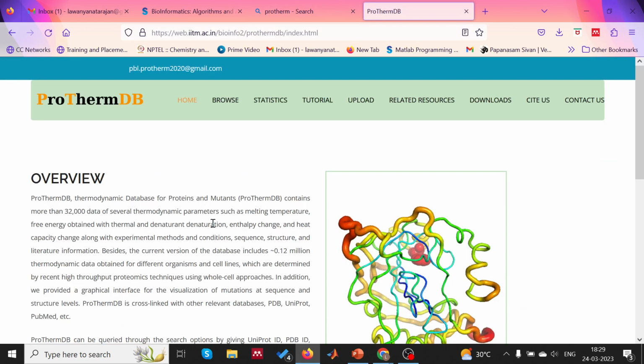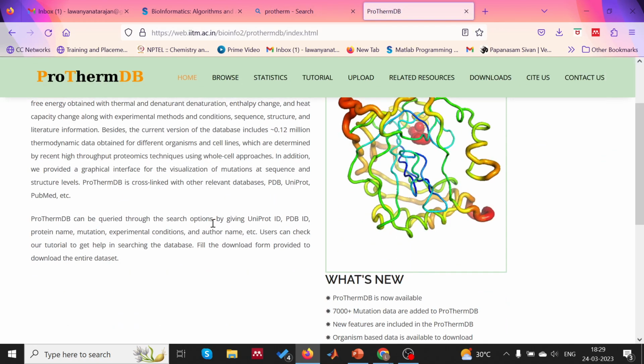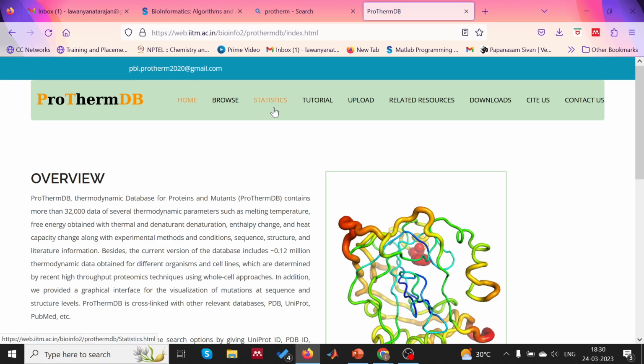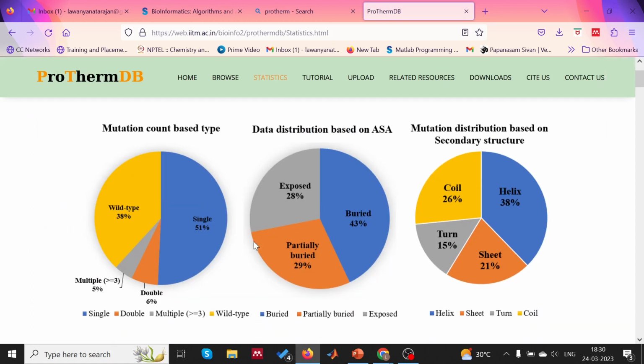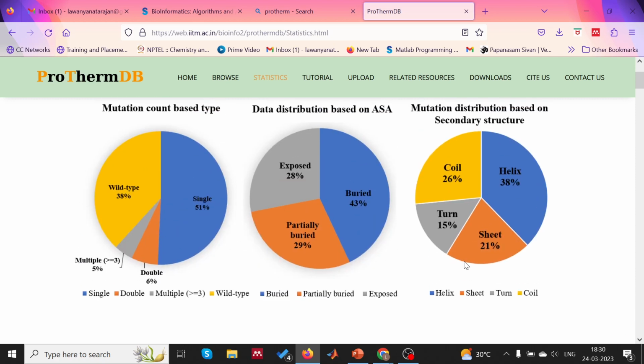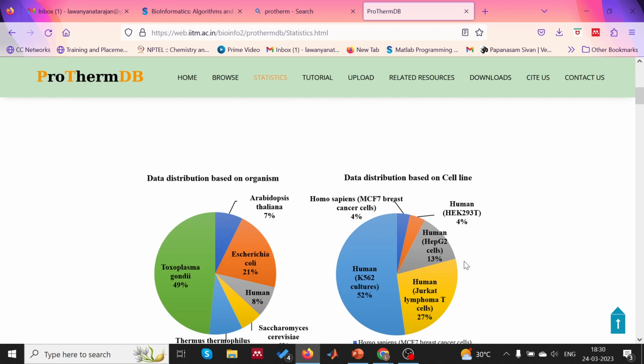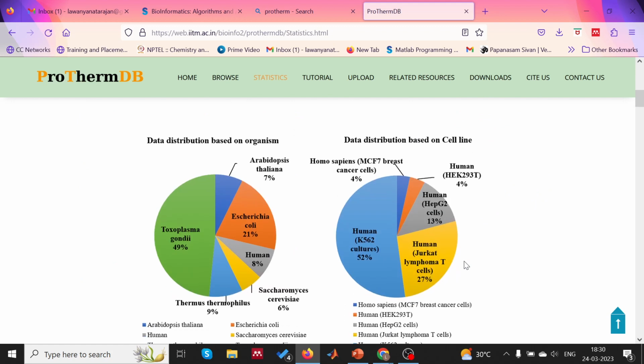So this is what you get. I hope you're all able to see my screen. So you should go into the statistics tab. In here you have pie charts of mutation count based on type: single mutation, double, triple, or multiple. And then you have data distribution based on ASA, whether it is buried or exposed or partially exposed, in which secondary structure it is located, and how it is distributed amongst organisms. So how is the data distributed in this database?